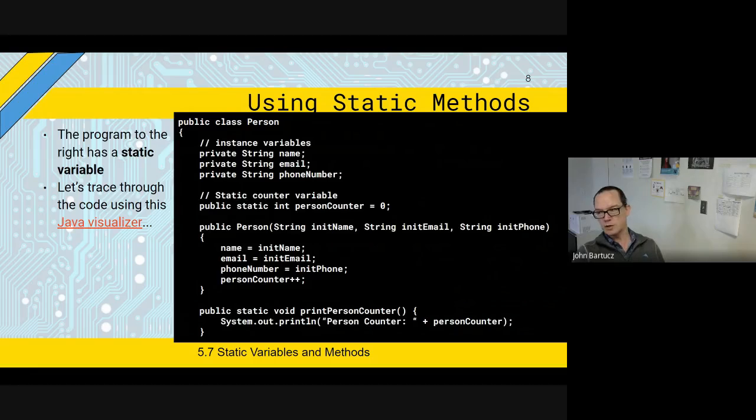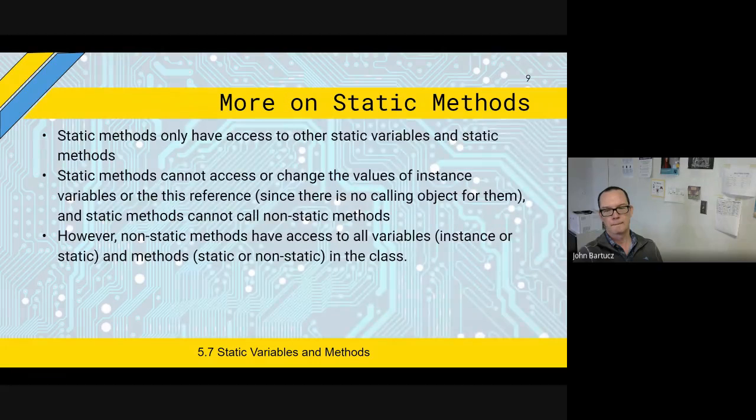But you can't use a static method to print out name or email or phone number because those are unique to each object. A static method has to be able to be shared among all objects. It can't do anything unique. Right?